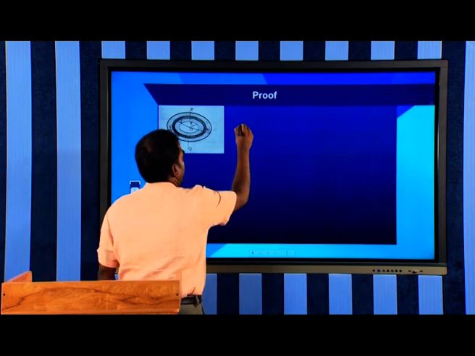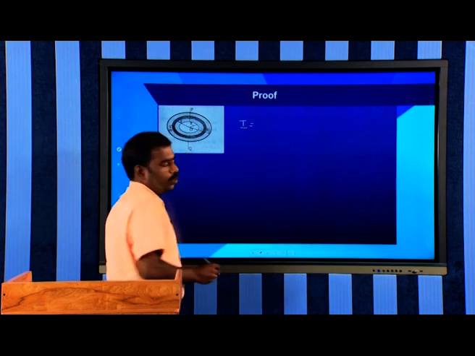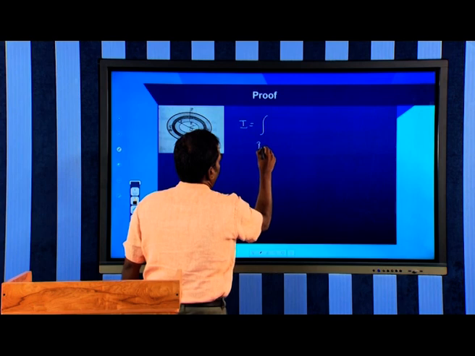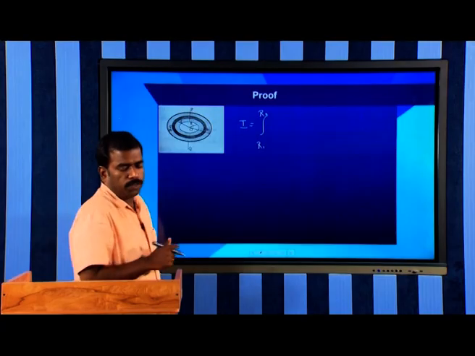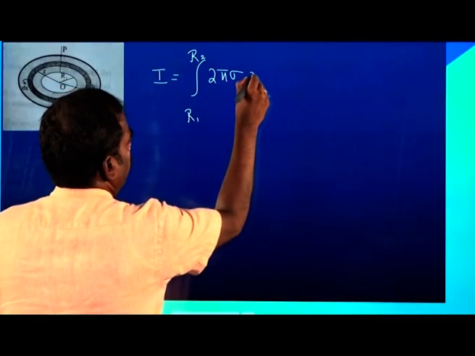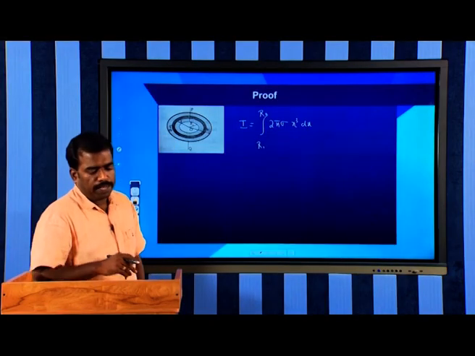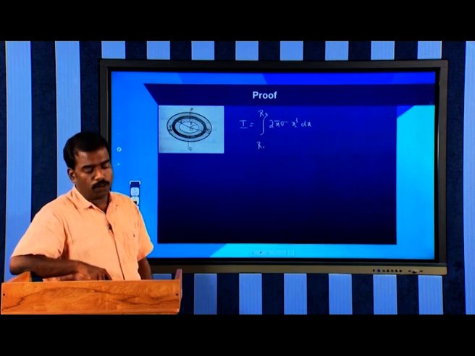So, I equals the integral from r1 to r2 of 2 pi sigma x cube dx. Here also we get x raised to 4 by 4 and apply the limits r1 and r2.